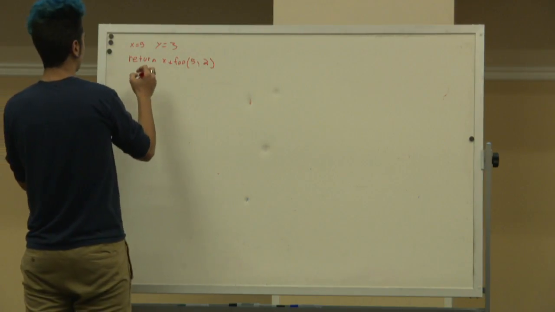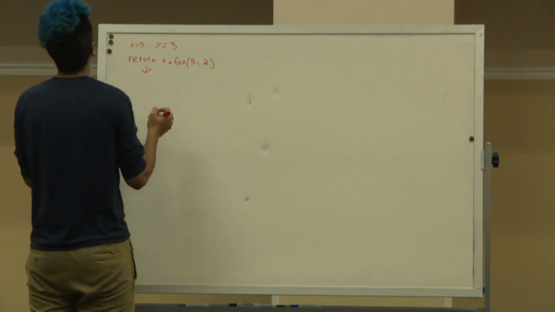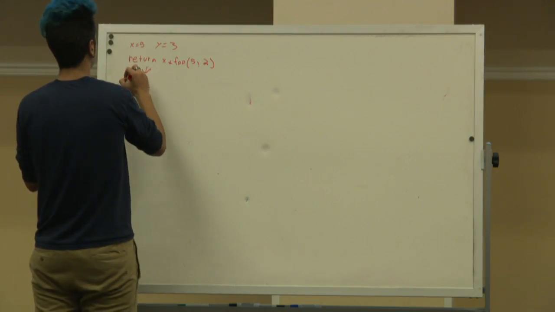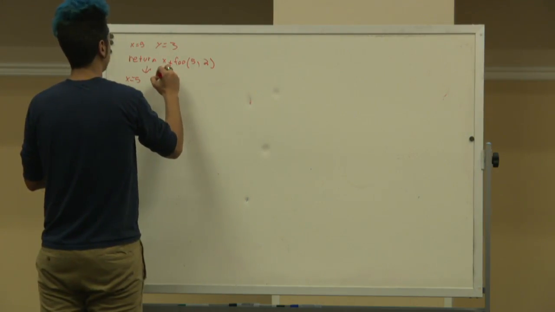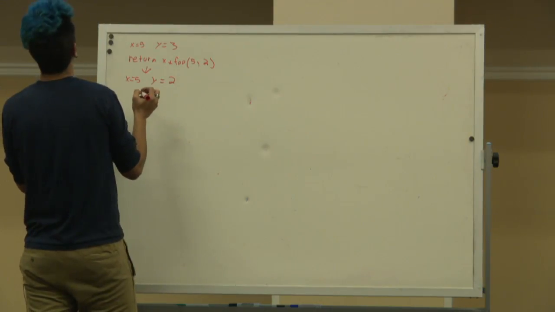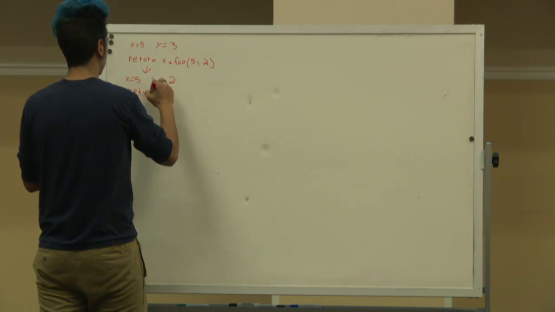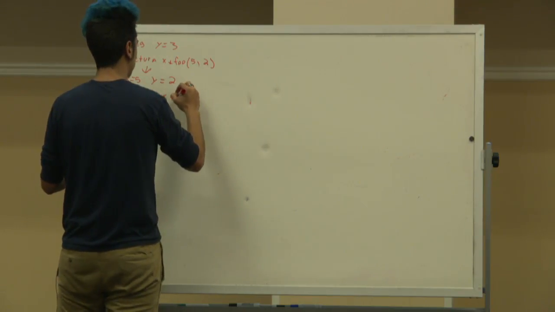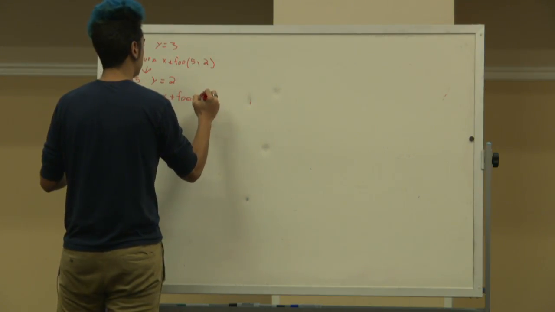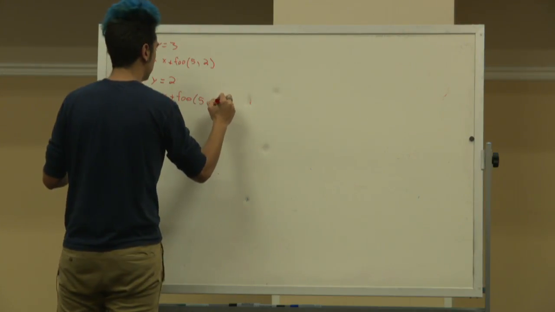So then we are now down here, and we say x is equal to 5, y is equal to 2. We haven't hit our base case, so we keep going. Return x plus same function, but y minus 1, so now we're at 1.